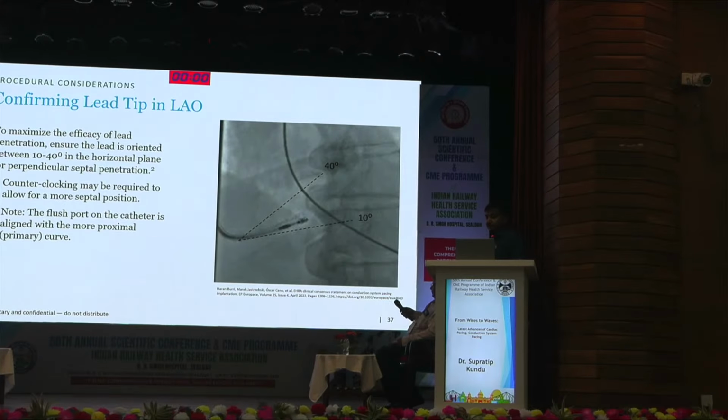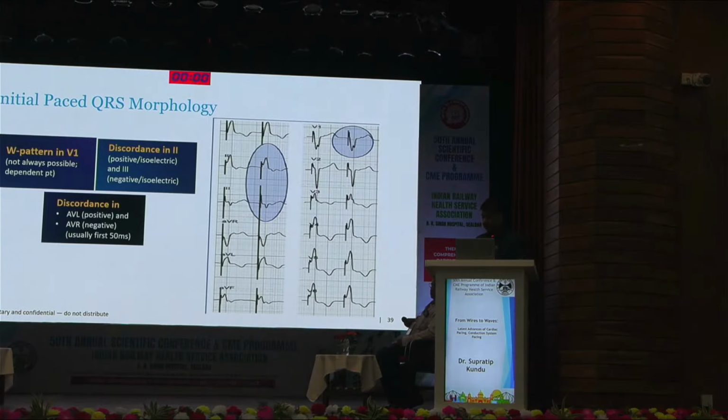In lateral view, I should aim for 90 degrees of the lead, and in RAO view, it should point towards the 2 o'clock position. Whenever I put the lead, it should first show a W pattern in V1 when it is on the right side, discordance in 2 and 3, and aVR, aVL discordance.